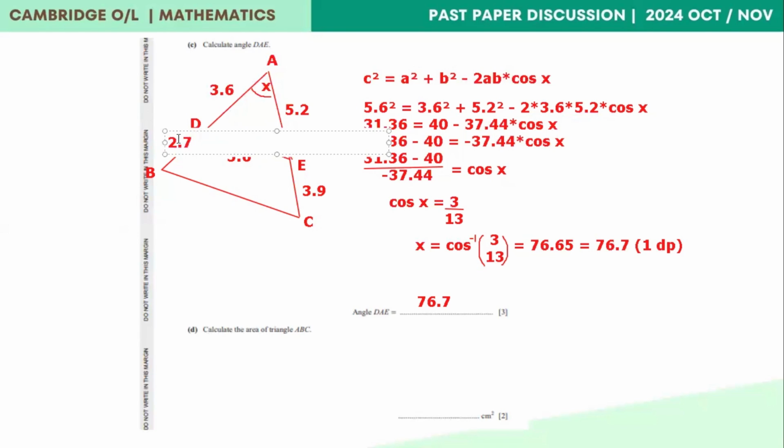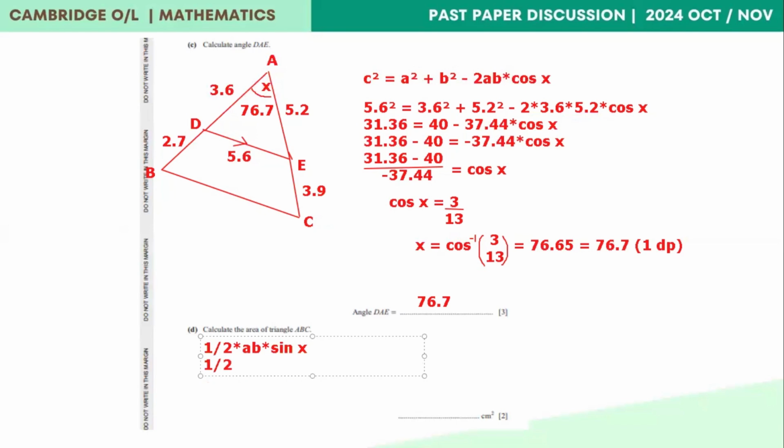So now we can find the area of this triangle. It's a non-right angle triangle, and we know the angle here, that is 76.7. The area of a non-right angle triangle formula is half into a into b into sine x.